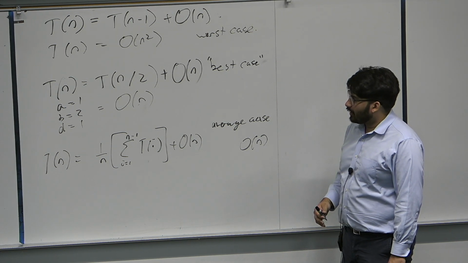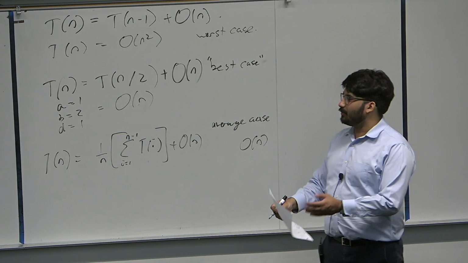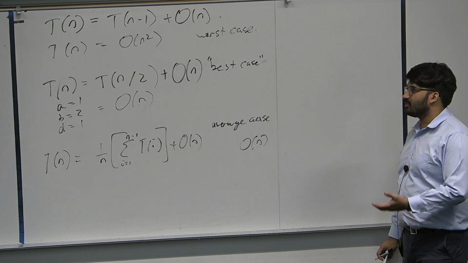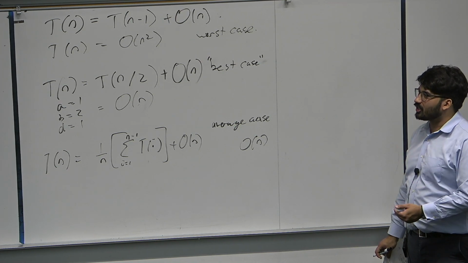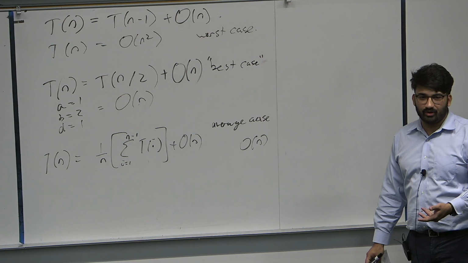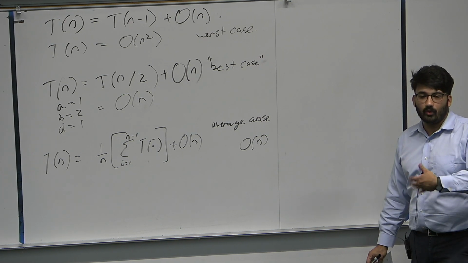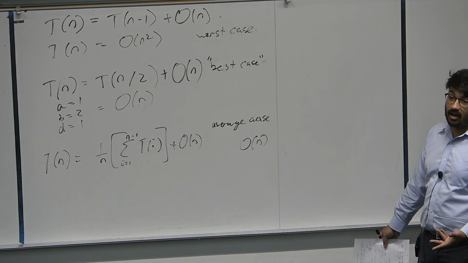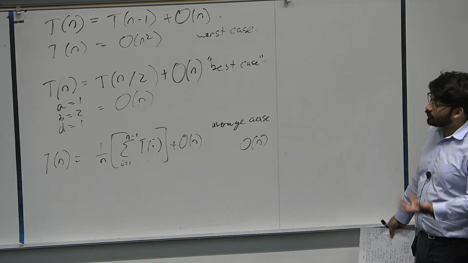Okay? Now, why are we doing this, right? It's not the case that in the worst case we want to select an element with n squared time, and then on average, most of the time, similar to quicksort, we could choose it in O of n. That can be done most of the time.